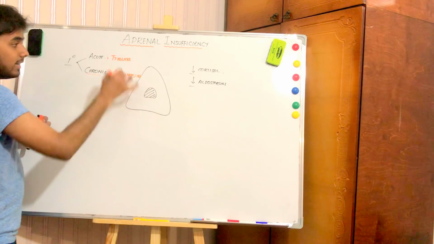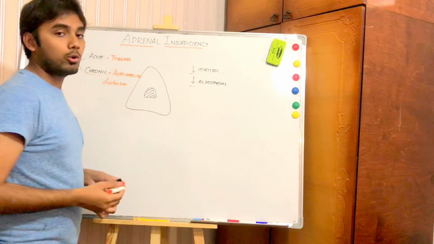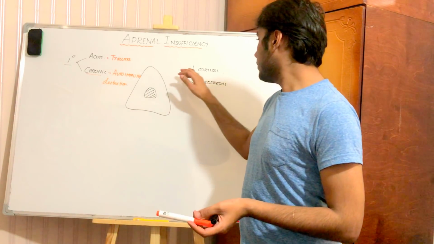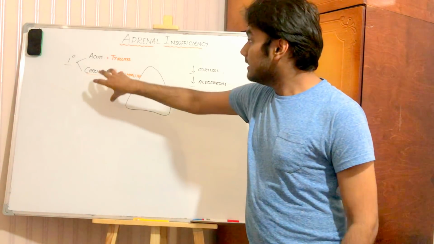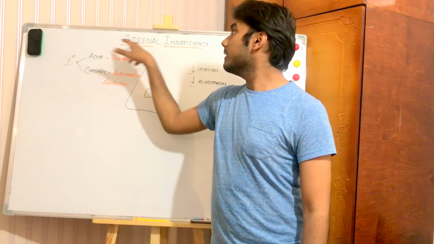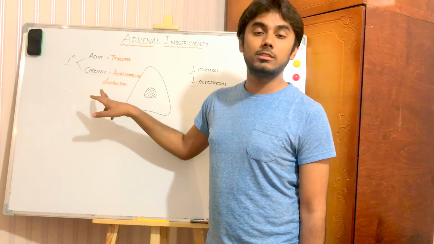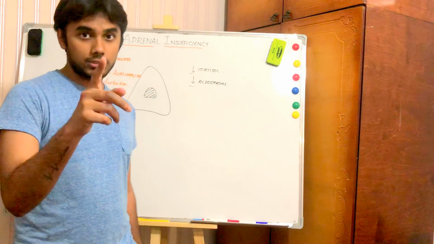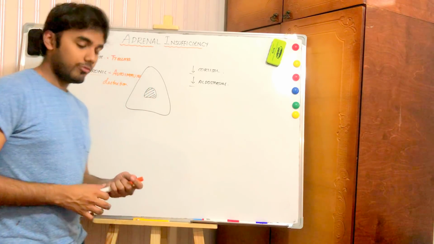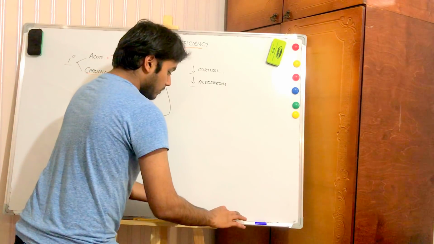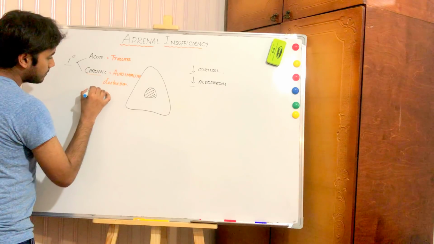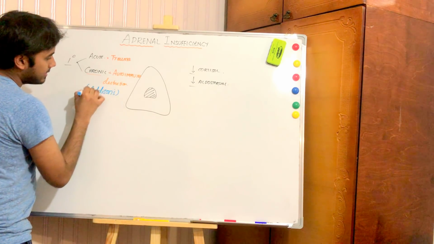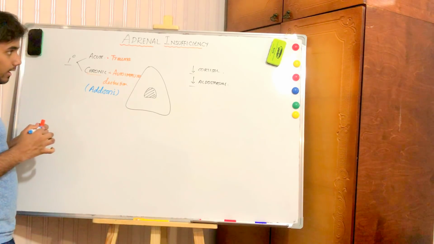So if the adrenal gland is getting destroyed due to autoimmune processes, the same thing, it will not produce cortisol and aldosterone. This chronic primary adrenal insufficiency is called Addison's disease. Addison's disease is chronic primary adrenal insufficiency which is caused due to autoimmune destruction of your adrenal gland. So this is called Addison's disease, right?